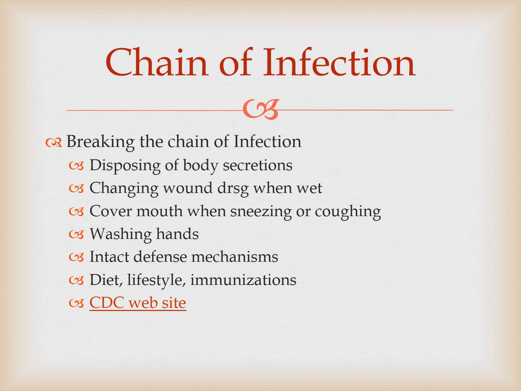As a healthcare worker, it is important to understand how to break the chain of infection. The Centers for Disease Control has developed guidelines that are followed when handling body secretions of all patients. There are 2 levels to the guidelines. Standard precautions provide guidelines about how to handle body secretions for all patients.